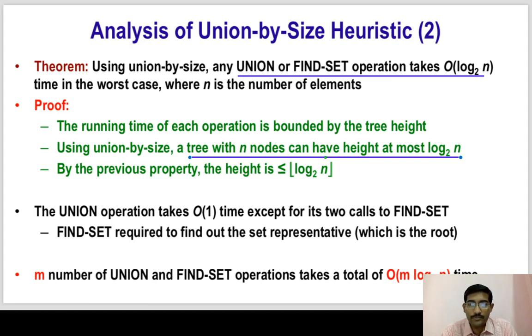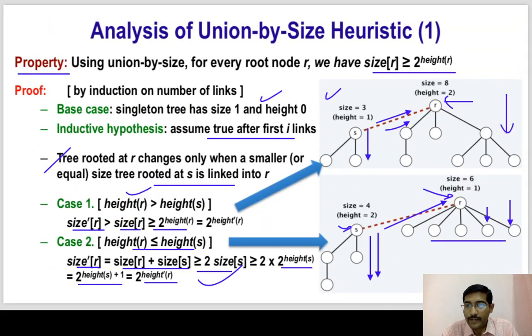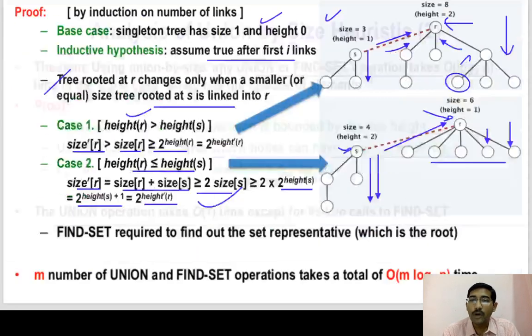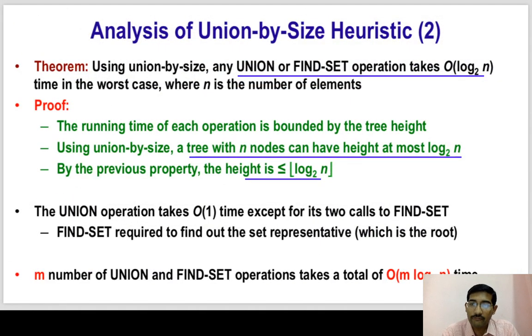So whenever I am doing a find operation, say I am trying to find this one, I need to at most traverse this many number of nodes, that is the height of this tree. So it is bounded by log n, so I have to traverse log n times to get the representative or the root element.